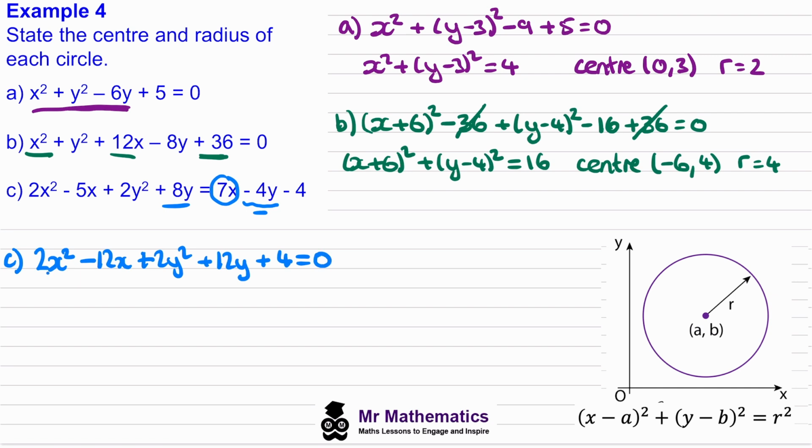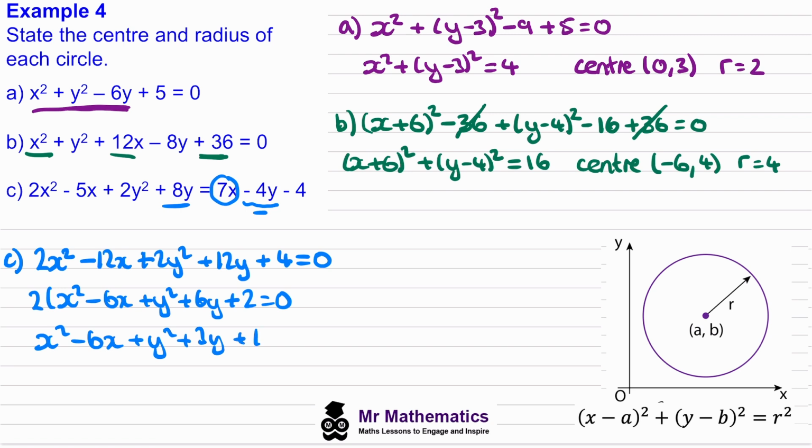Now we can see we can factor out a 2. So we've got 2 lots of x squared minus 6x plus y squared plus 3y plus 2, which will equal 0. We'll divide both sides by 2, plus 1.